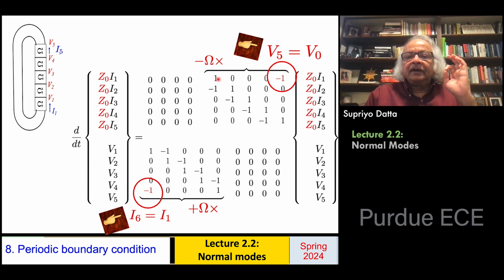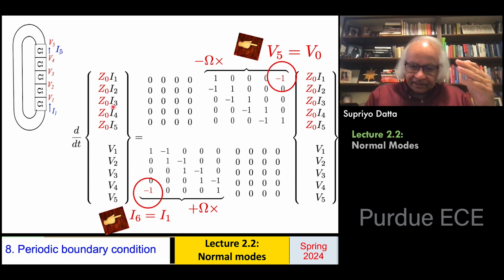And so this V1 minus V0 becomes V1 minus V5. And so I can put a minus 1 at the other end. Same with this dv/dt, that when you looked at the dv5/dt at this end, you want to look at the difference between the current I5 coming in and the I6 going out.